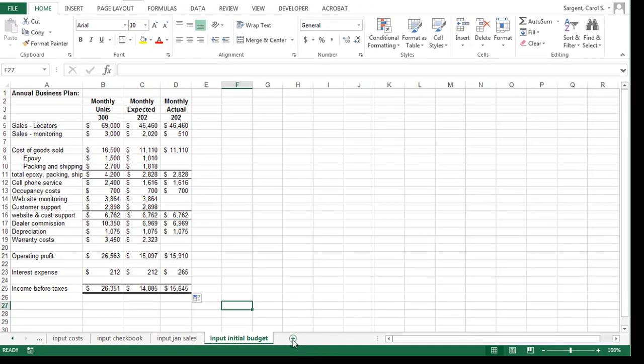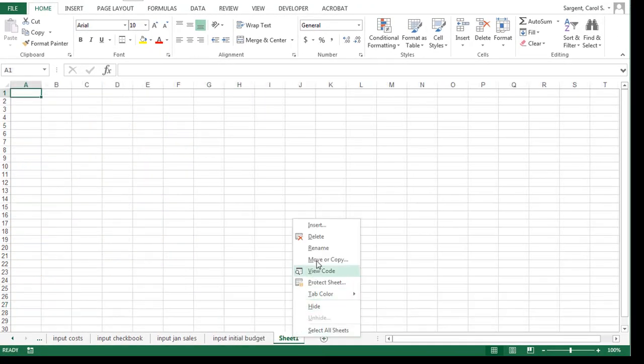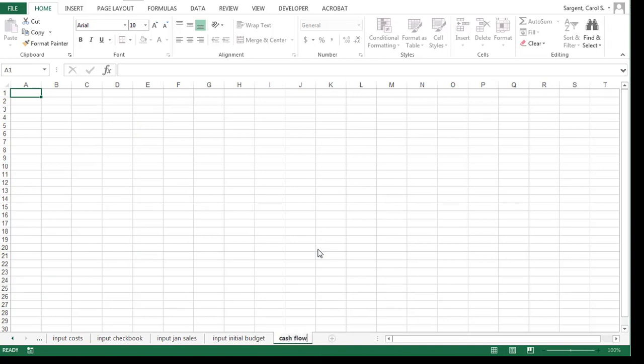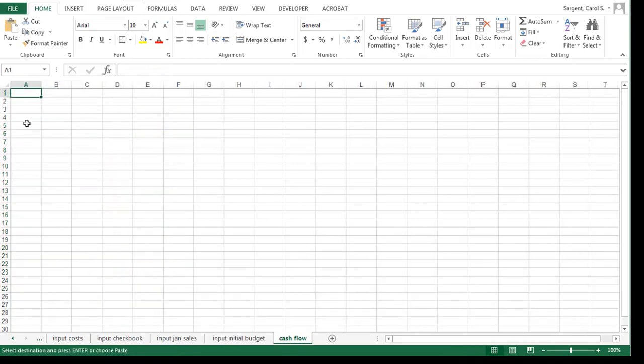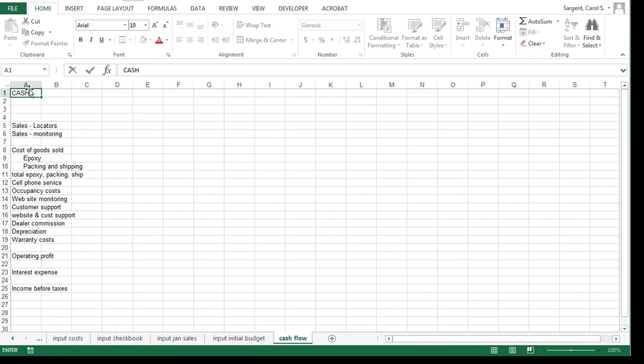So what we're going to do is we're going to start a new spreadsheet calling it Cashflow. And I'm going to copy these lines over here. I'm not going to use them all, but I'm going to copy them just to reduce the amount of typing that I have to do. Okay, so I'm going to start setting up the cash inflows.